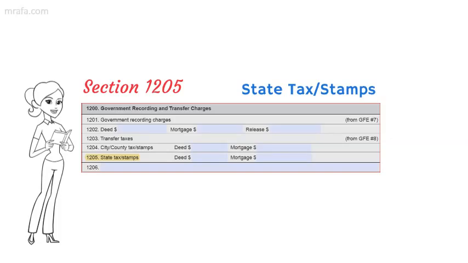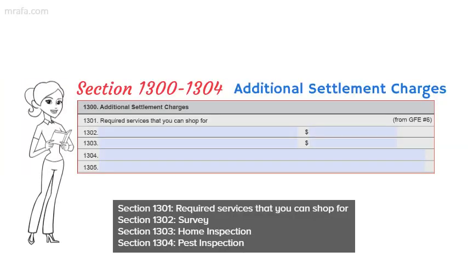Okay, so another charge, and I think this will be it. Section 1300, additional settlement charges. These are like Section 1301. These are required services that you can shop for. 1302 is a survey. 1303 home inspection. 1304 pest inspection.